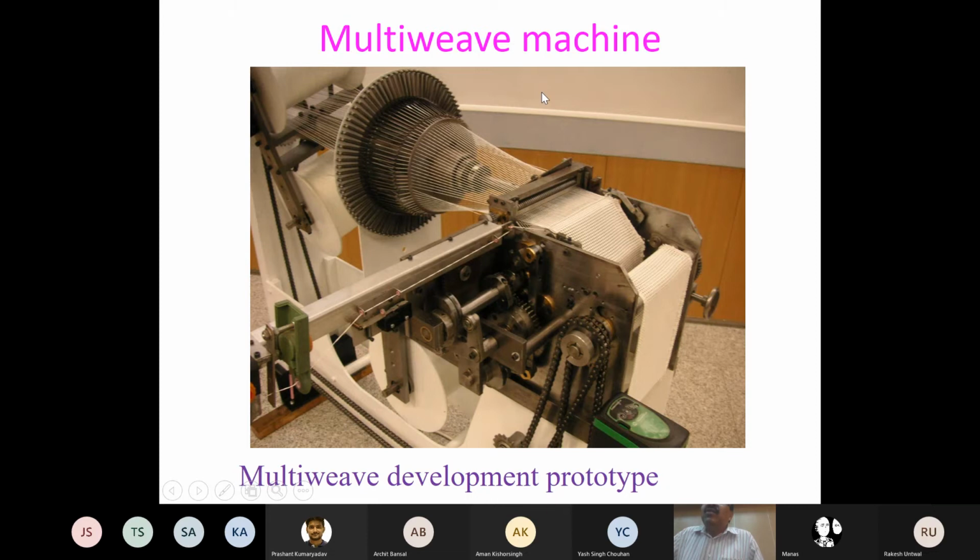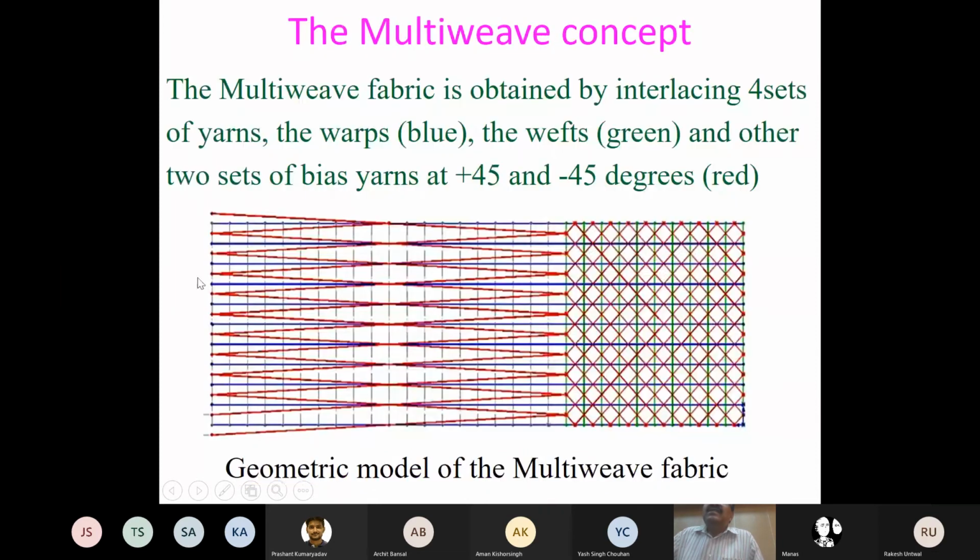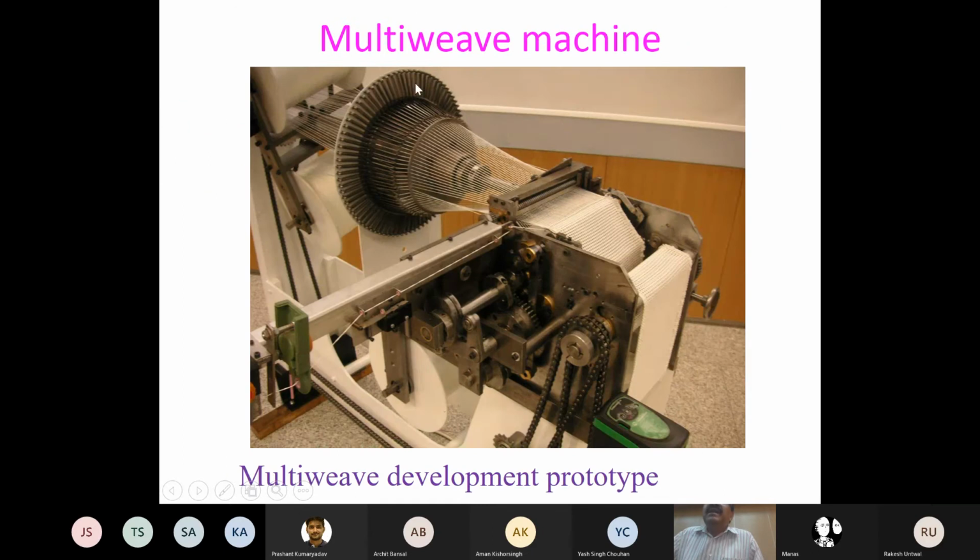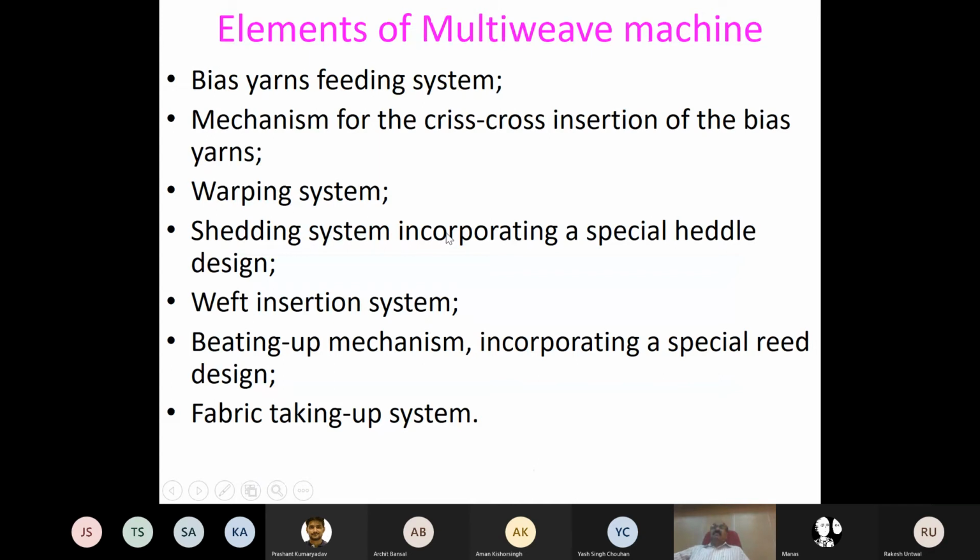When it makes clockwise, these yarns will make 45 degrees to the central axis. That's why the yarn deviates from the central axis to 45 plus, 45 minus. This happens only by simply rotating this grooved drum left, right, clockwise, anti-clockwise, 45 degree plus, 45 degree minus, which is written here: mechanism for the crisscross insertion of the bias yarns.